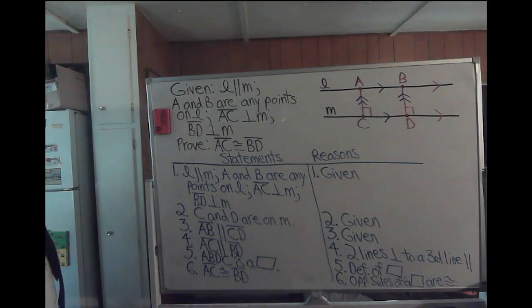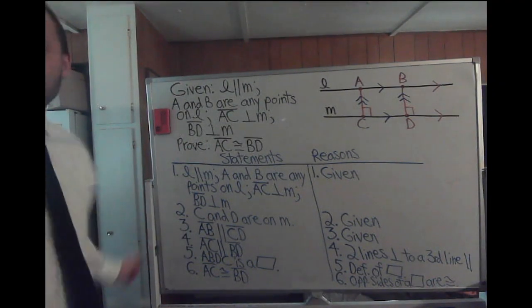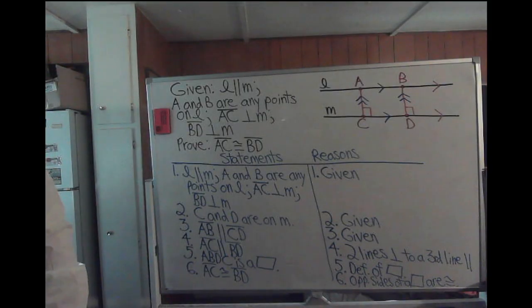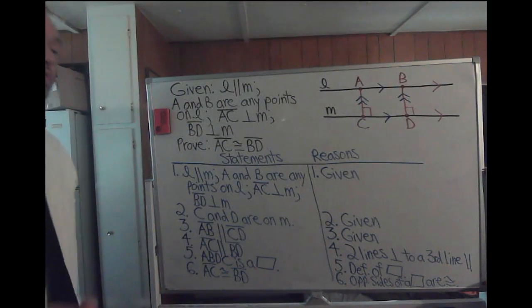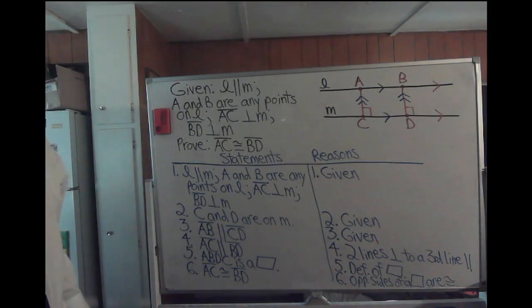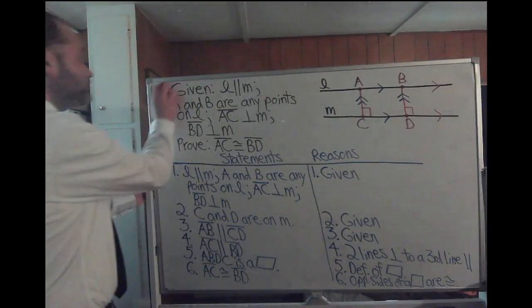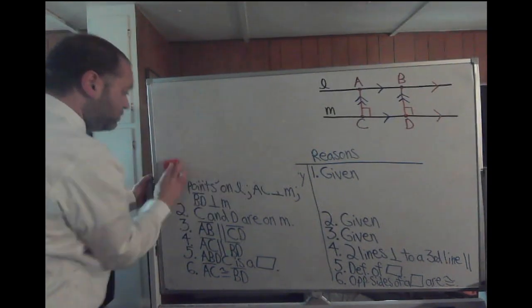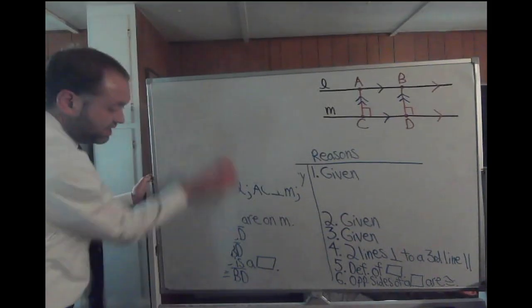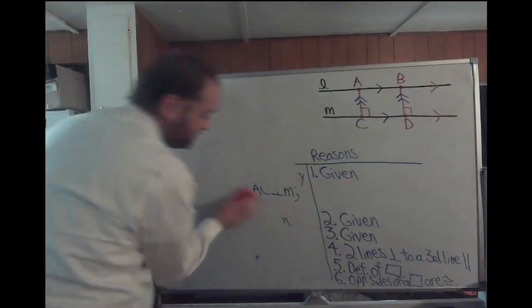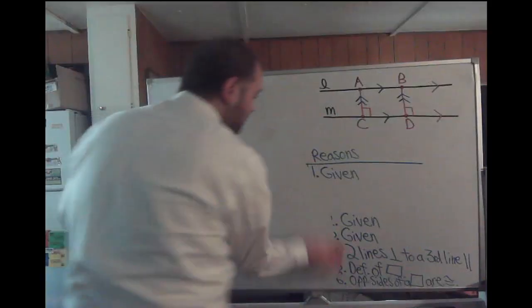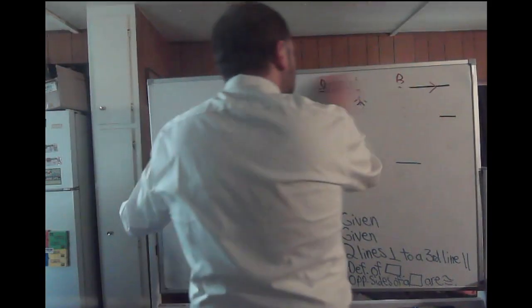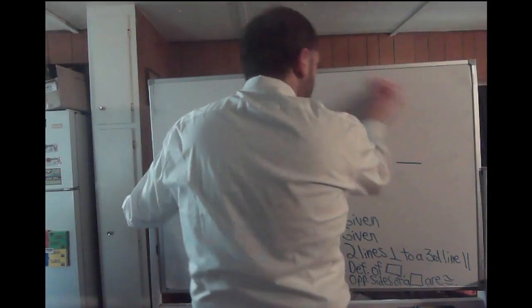So that's the proof of the theorem that we just got that stated if two lines are parallel, then all points on one line are parallel to the other line. So that's all we're going to do with that theorem today, and you can keep that in your toolbox and use it for other proofs in the future. So that might help you in the future.